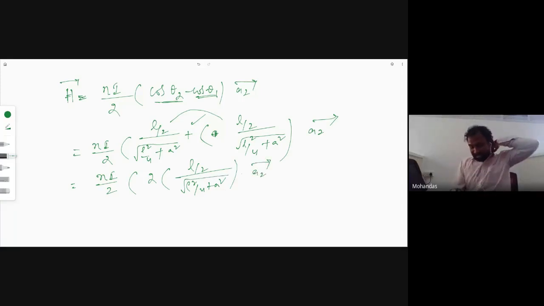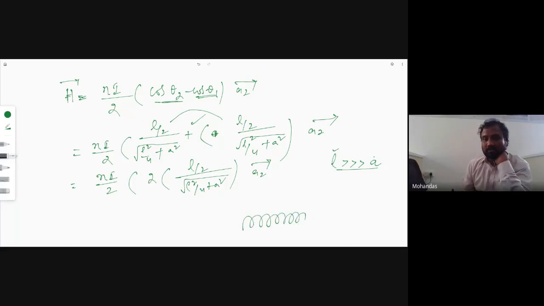Now, in the problem itself, what is the condition given? L is far greater than A: the length of the solenoid is very large, a very long solenoid, and its radius is very small compared to that length. Let us take A as 0.1 and L as 100 meters.